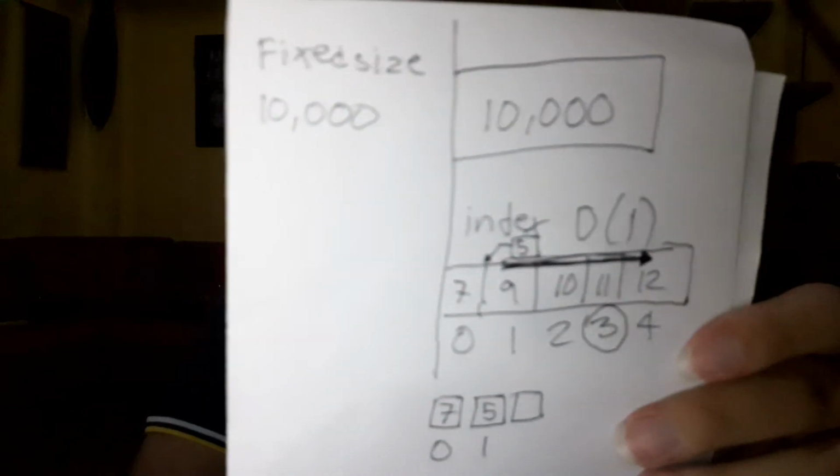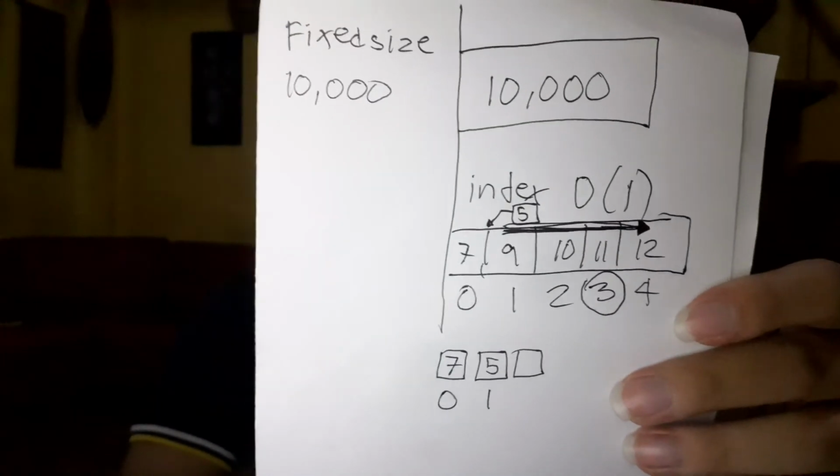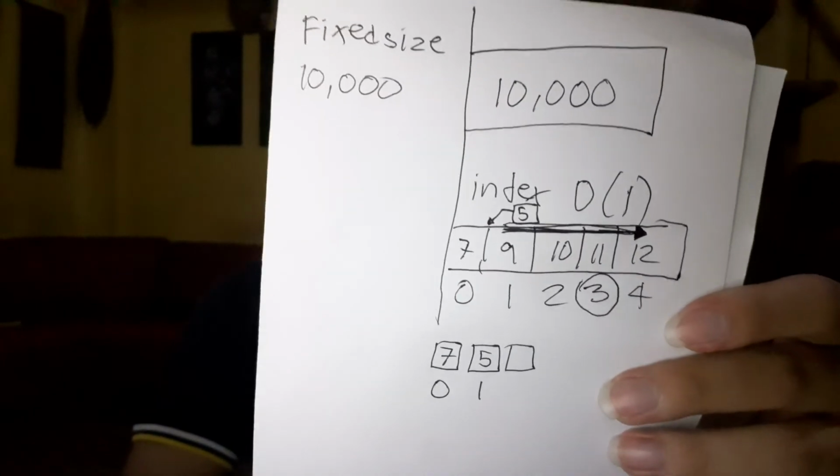We have the box 7, which is index 0. We now squish in our new 5, so this is index 0 and 1. And now all of these indexes need to be incremented by 1 and shifted over.